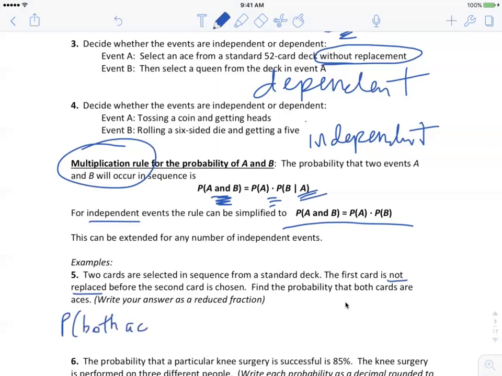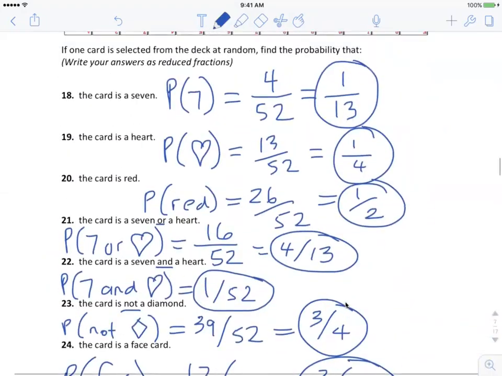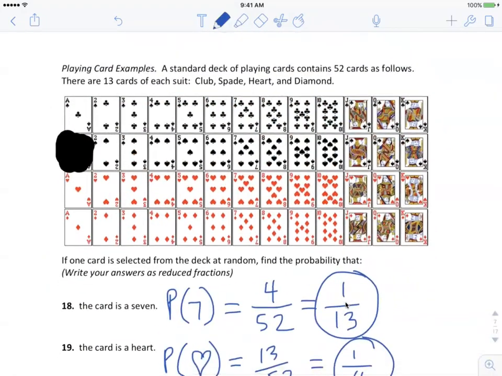What I'm going to do here is multiply 2 probabilities together, right? And take it one selection at a time. So the first fraction is, what's the probability that that first card is an ace? If it helps, go back up to your thing here.